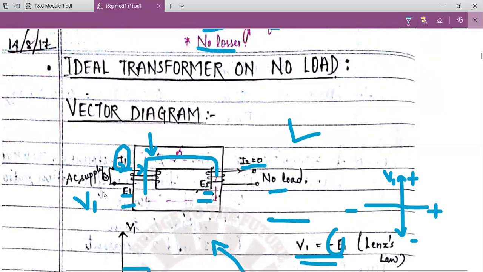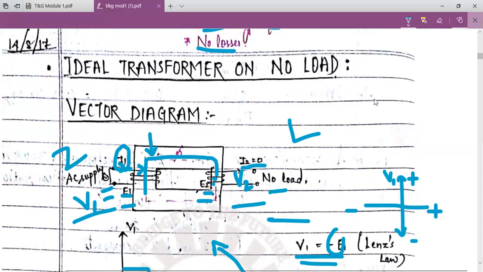Similarly, the output voltage is the same as the EMF induced in the secondary winding. Here there is no load, but voltage V2 here. V2 and V1 are the same because it is an ideal transformer. For example, if V1 is 230 volts, V2 is also 230 volts. At the same time, E1 is also 230 volts and E2 is also 230 volts.